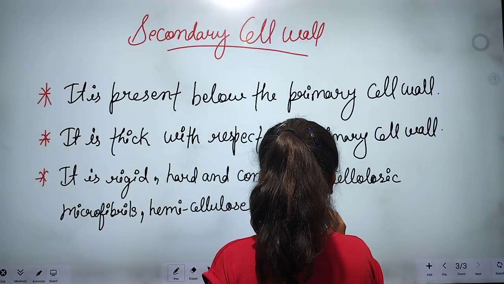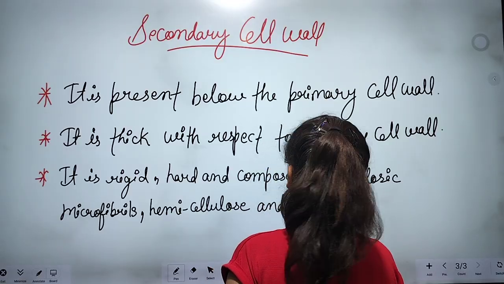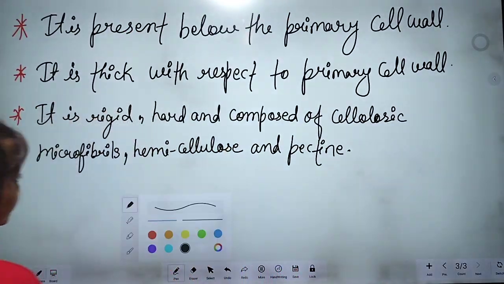Their composition is the same, but still it is thick, and the primary cell wall is thin.